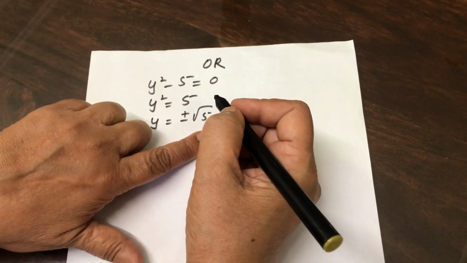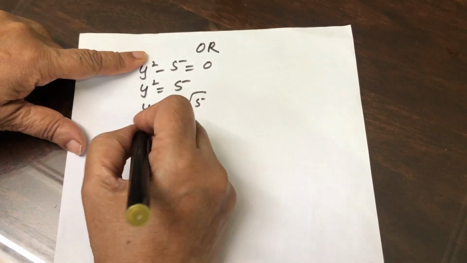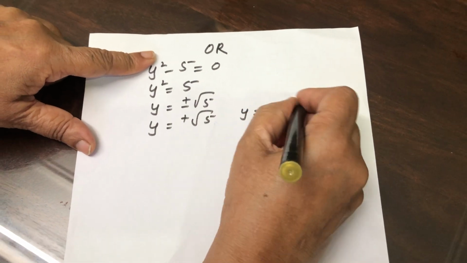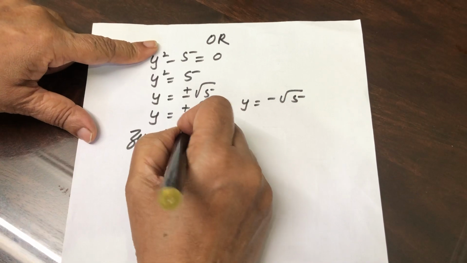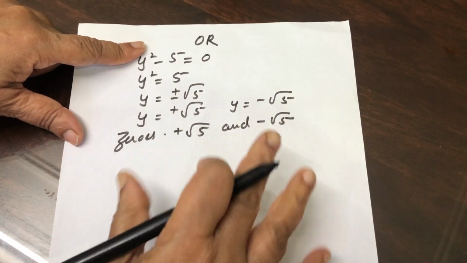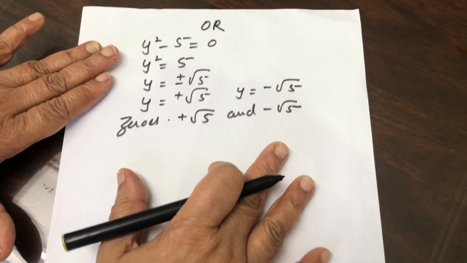Plus root 5 into plus root 5 is 5. Minus root 5 into minus root 5 is 5. So y is equal to plus root 5 and y is equal to minus root 5. The zeros are plus root 5 and minus root 5. Two methods I have shown you to find the factorization.